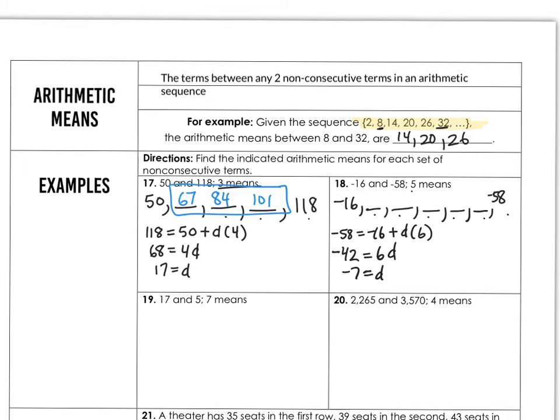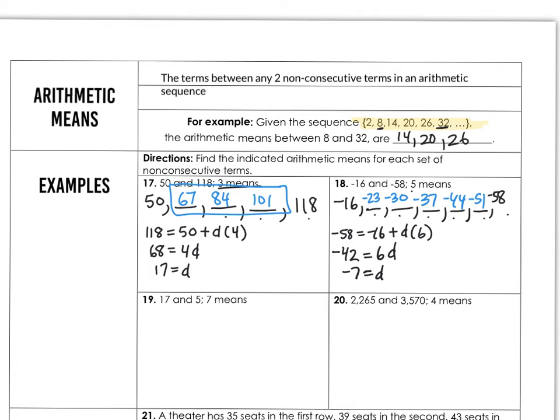So my answers, if I subtract 7, I'll go ahead and put them right here. That's negative 23, negative 30, negative 37, negative 44, and negative 51. So there they are.